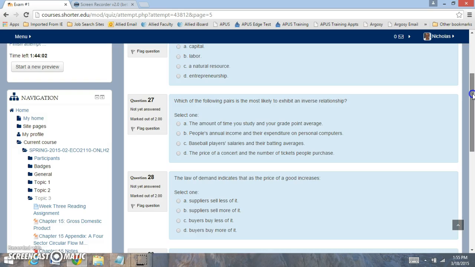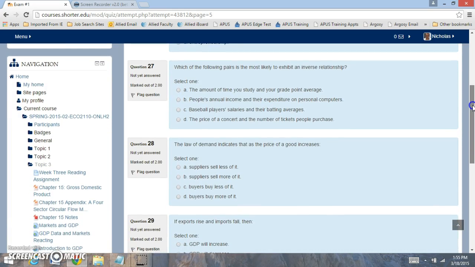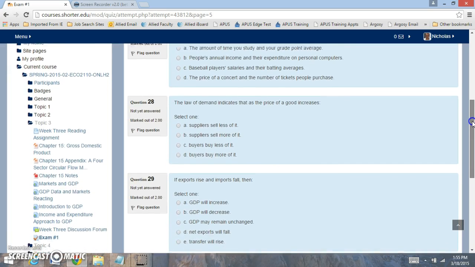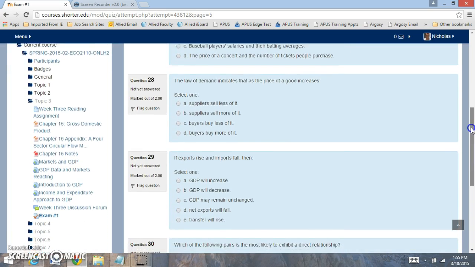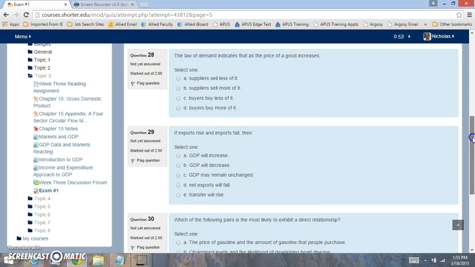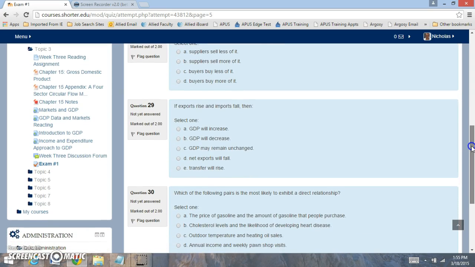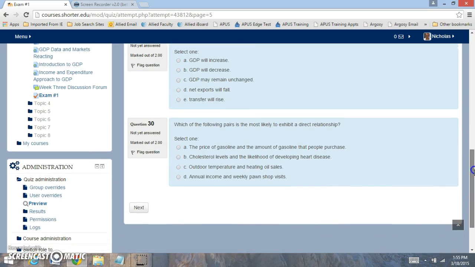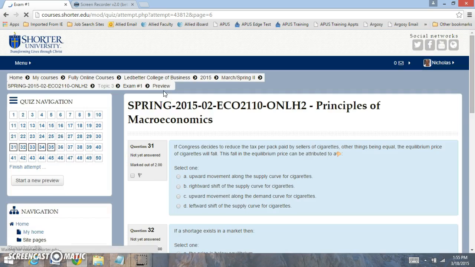Economics has 4 different factors of production: land, labor, capital, entrepreneurship. Inverse relationship, that deals with demand. Net exports, exports minus imports. Direct relationship, both of them go together.